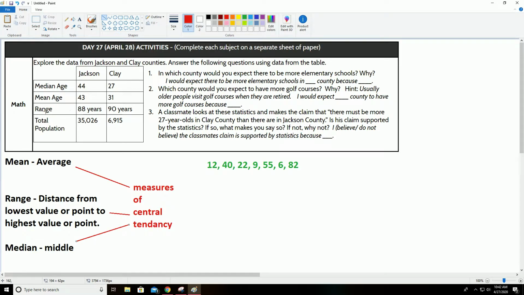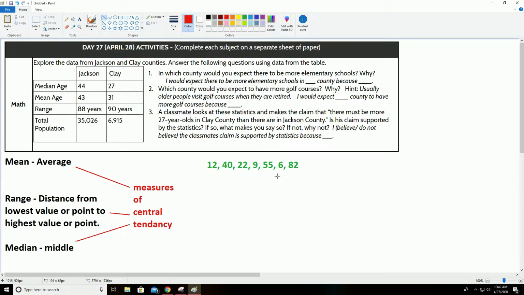What this is talking about is they take numbers and use those to find the middle, or the average, or even the distance from one point to another. So when we talk about the mean, it is just the average of the numbers. If I want to find the average, all I have to do is add up all these numbers and then divide by how many are here. And that's how they're getting this value here and this value here.